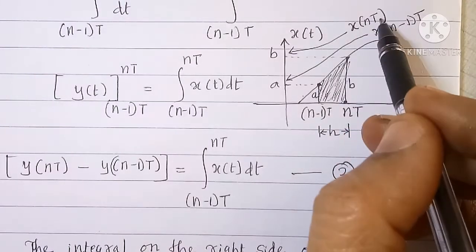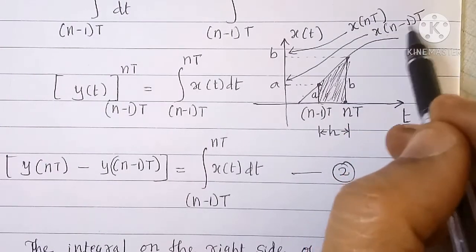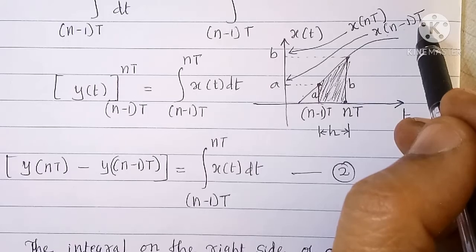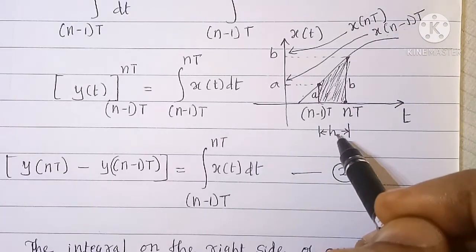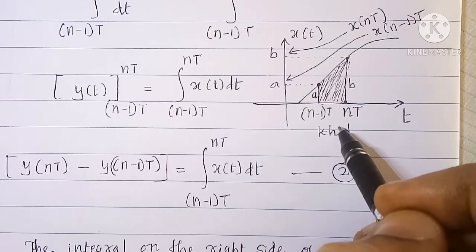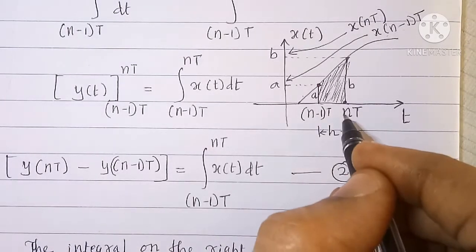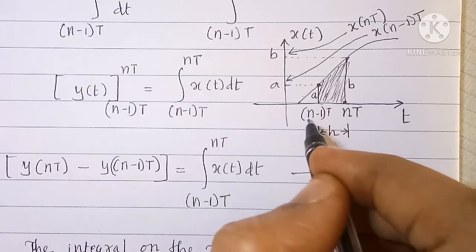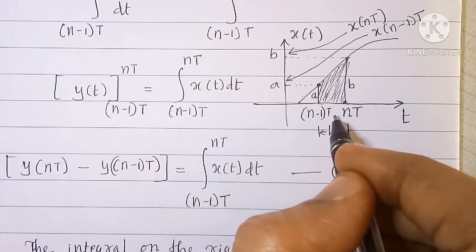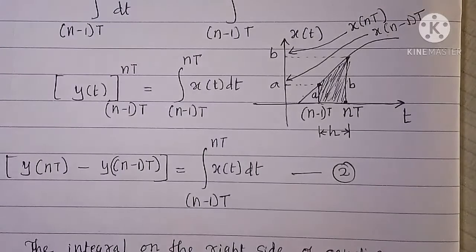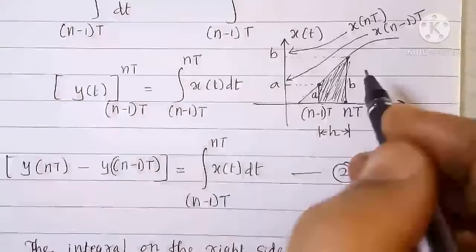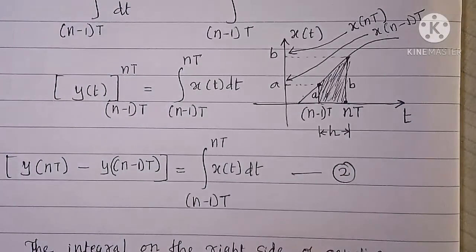So x of nT plus x of (n minus 1)T into h. What is h here? h is nT minus (n minus 1)T, divided by 2, will give us the area of the trapezium.